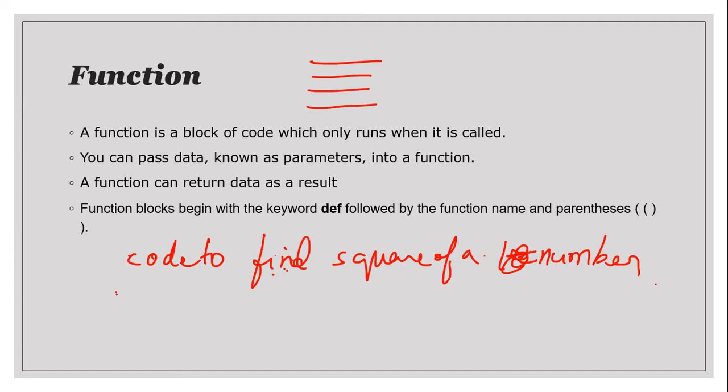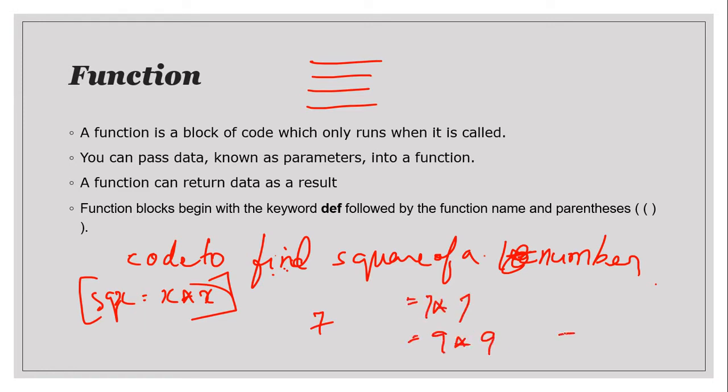So basically it will be square of x is x into x. This is my function, this is the block of code I have to execute. So my first number is 7, so I will write 7 into 7, then 9 into 9. It will keep on going. I have to write the same code, same logic again and again.